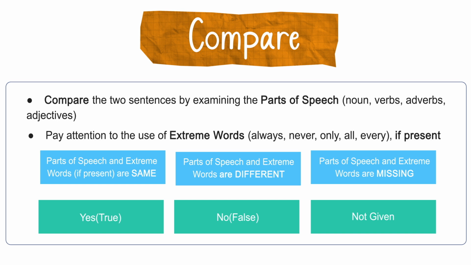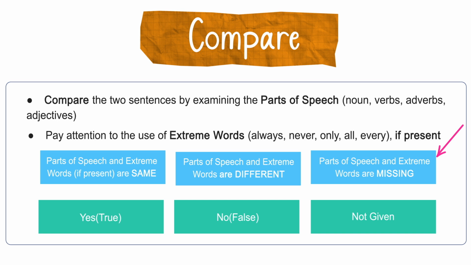Now, if the parts of speech and extreme words, if they are present, are the same, then the answer is yes or true. If parts of speech or extreme words are different, for example, if in the text there is some and in the question there is all, in this case the answer is no or false. And if parts of speech or extreme words are missing, then the answer is not given, all right? This is how you can compare sentences in the question and in the text.